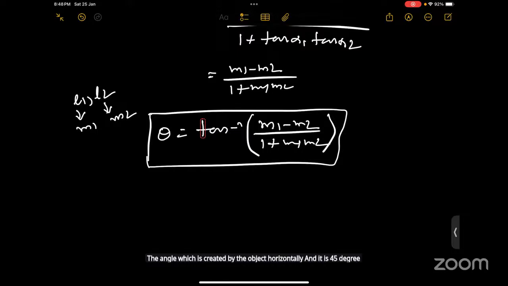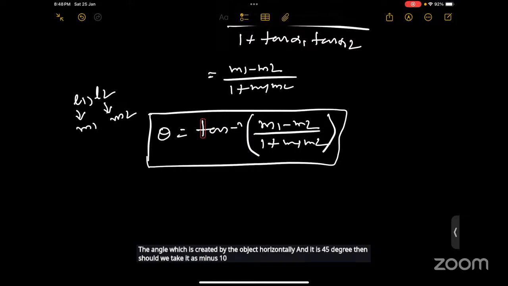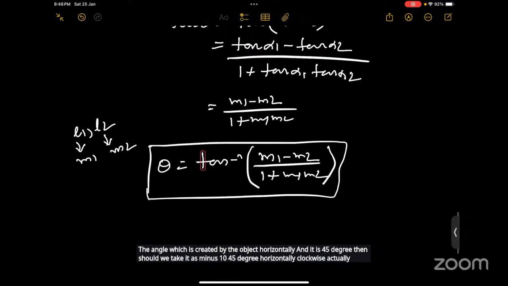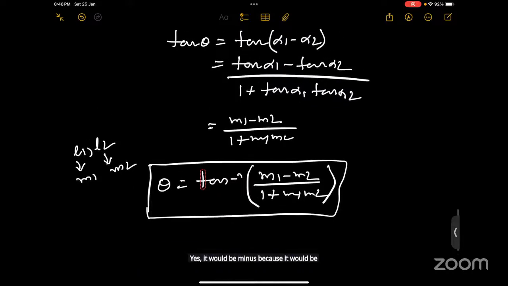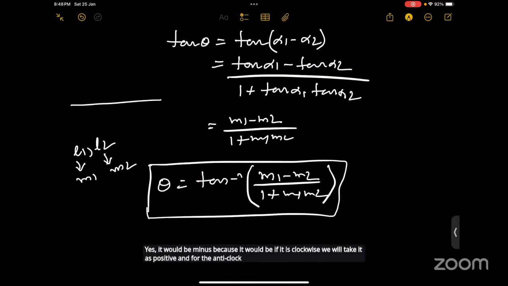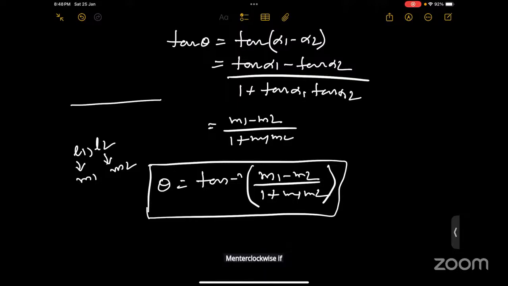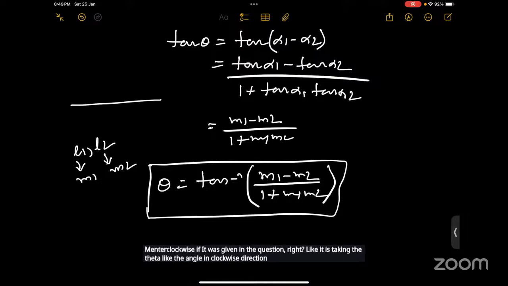Should we take it as minus 45 degrees if it is horizontally clockwise? Yes, it would be minus, because for anti-clockwise we take it as positive, and the clockwise angle is negative. Is the angle given in the clockwise direction in the question?